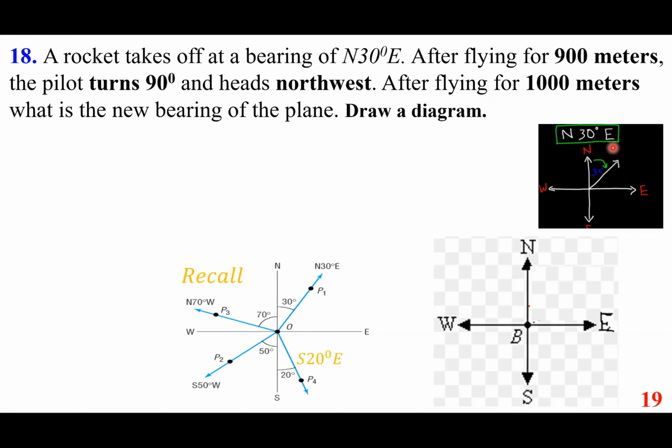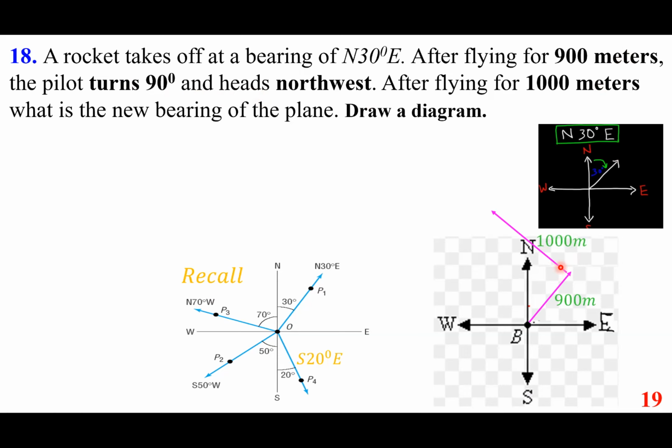So we are going this way for about 900 meters. Then we're going to turn 90 degrees towards northwest this way. It's a 90-degree angle.